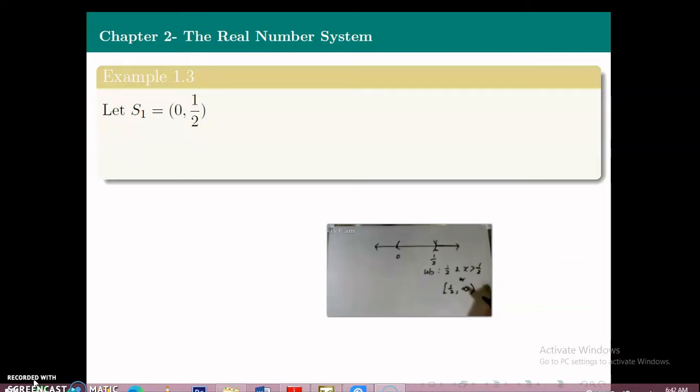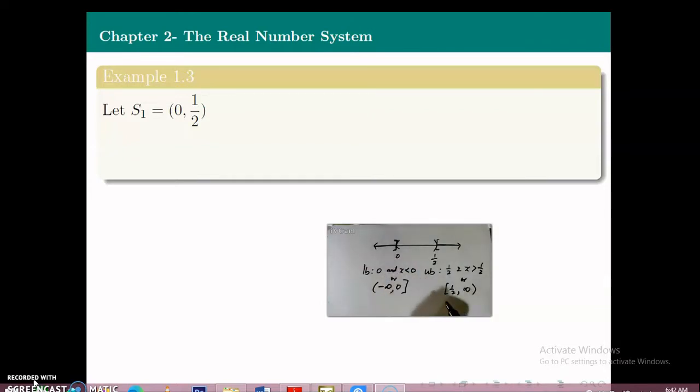And then the lower bounds are here to the left. So lower bounds therefore are the values 0 and values less than 0, including 0.